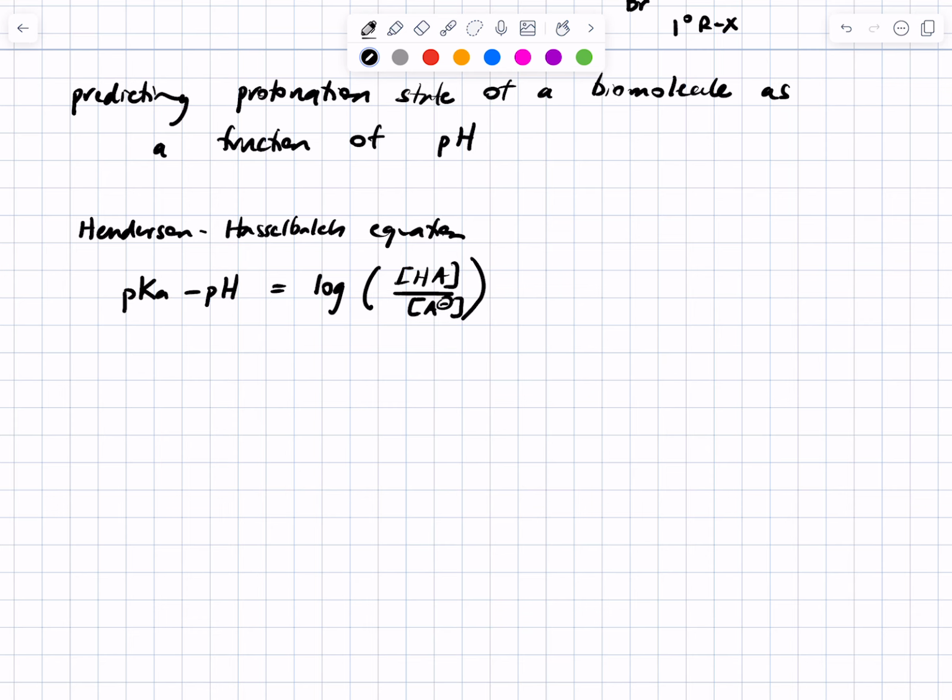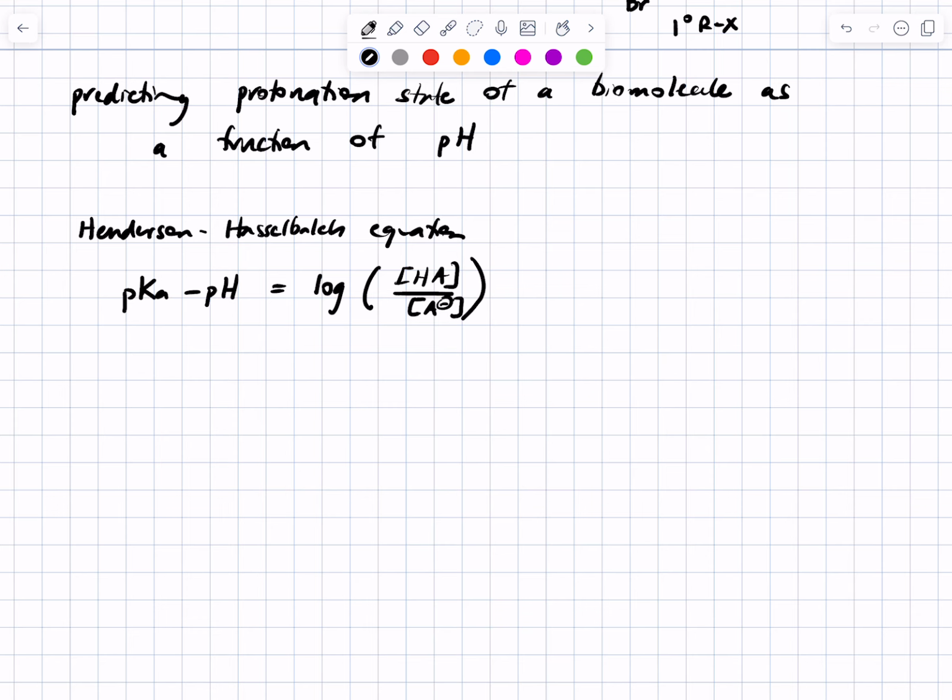In Chem 105, or maybe it was 106, I can't remember, you used this equation to answer the question: I want to make a buffer, and I want the pH to be 7.5. I want to make this buffer using phosphoric acid. How much of the monosodium phosphate versus the disodium phosphate should I mix together to get a buffer of that pH?